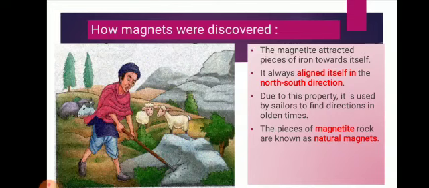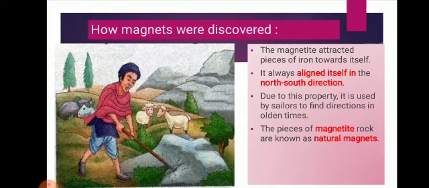So magnetite has wonderful properties, like it attracts pieces of iron towards itself. It automatically and always aligns itself in the same direction, that is the north-south direction. Due to this property of being freely suspended towards the north-south direction, it was used by sailors in ships to find direction in olden times, because it always pointed toward the north.